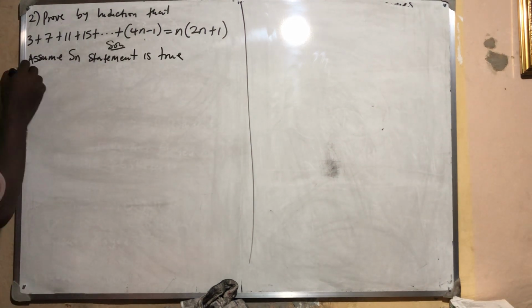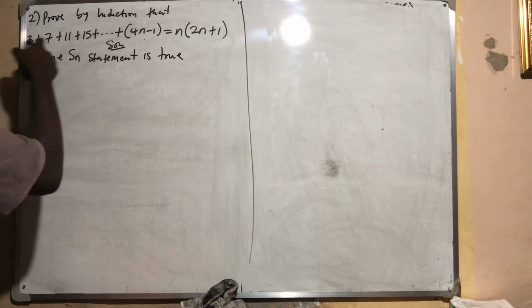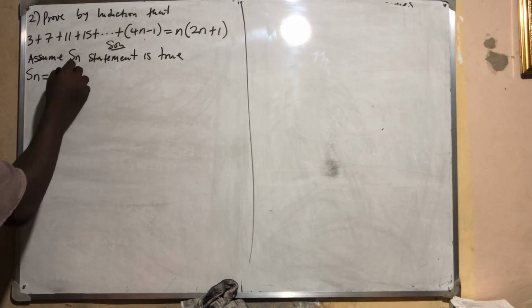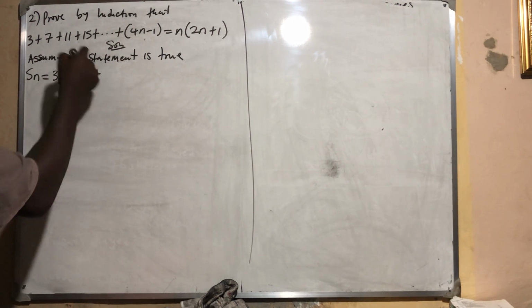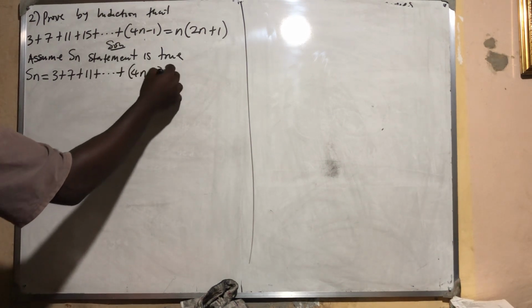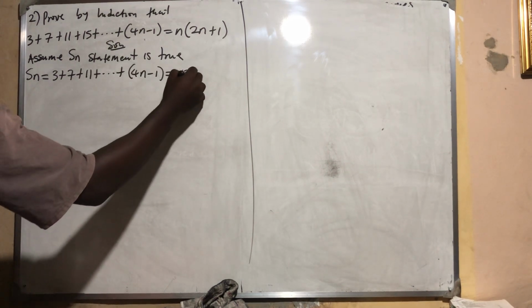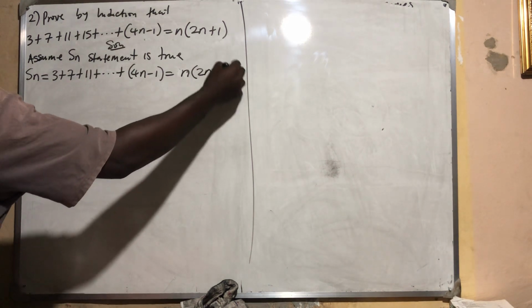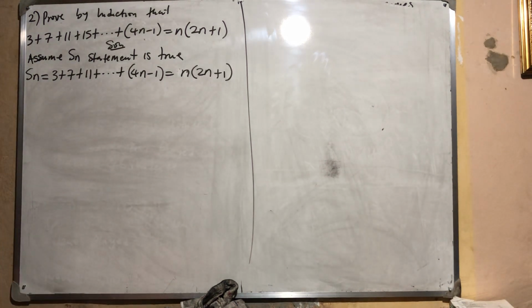Okay, this one is simple. Just say that Sn is equal to, just repeat the question, 3 plus 7 plus 11 plus 15 plus up to 4n minus 1 is equal to n into 2n plus 1.